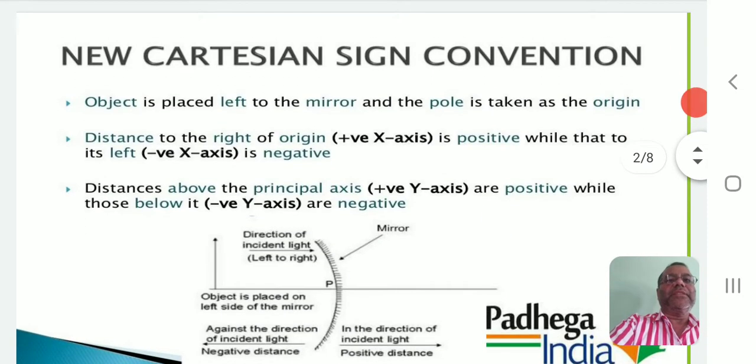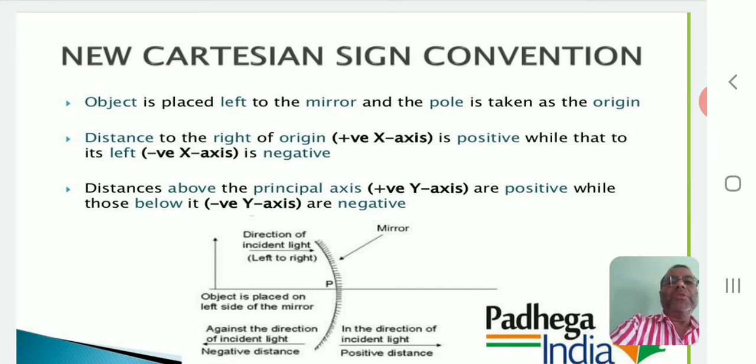This slide is very clear that Cartesian sign convention is what? What happens when an object is placed before a mirror, any type of mirror it may be.